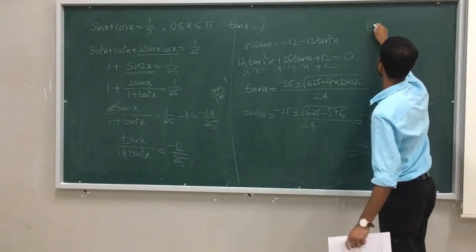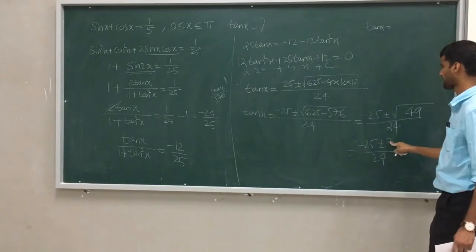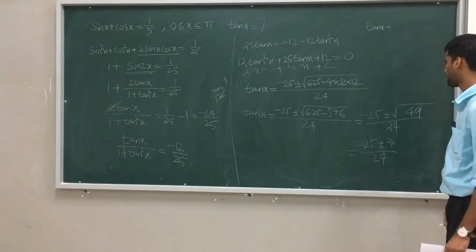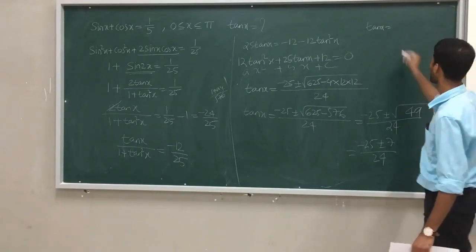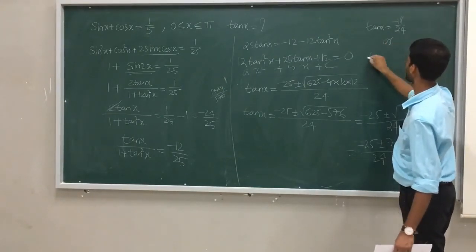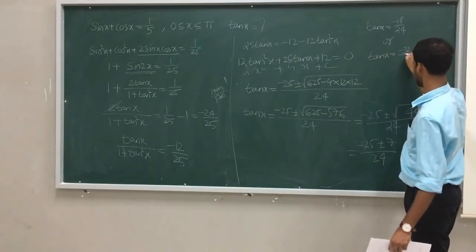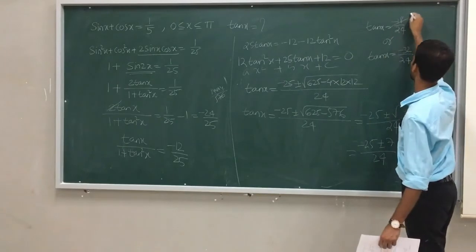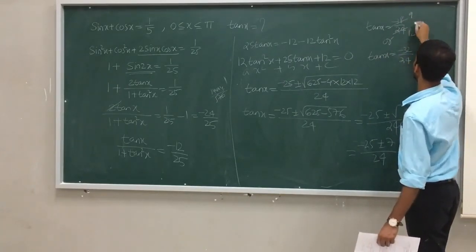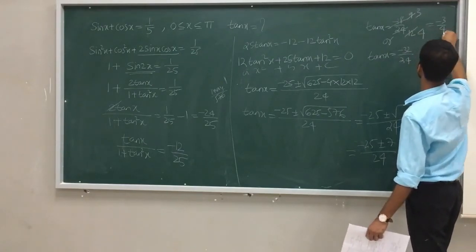So tan x has two answers. One is minus 25 plus 7, which is minus 18, so it is minus 18 upon 24. And the other tan x answer is minus 32 by 24. If you simplify, 18 by 24 is minus 3 by 4, which is one answer.